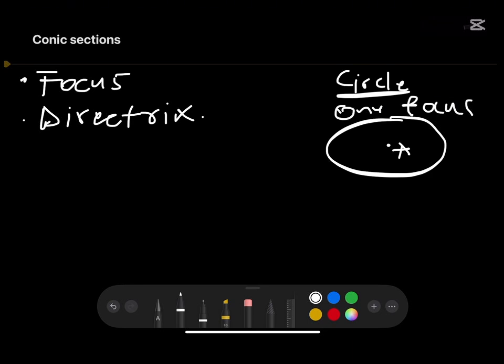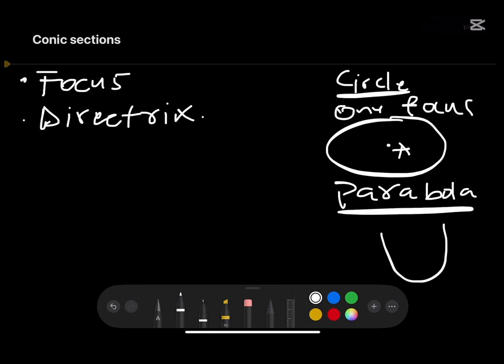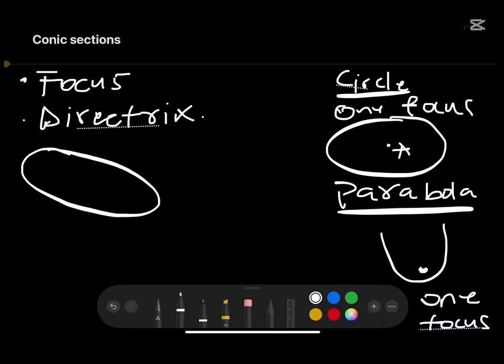So the next conic section is the parabola, right? So something like this. A parabola too has what? One focus. Good. Then the next conic section, which is an ellipse, right? Good. An ellipse has two foci. So this is an ellipse.